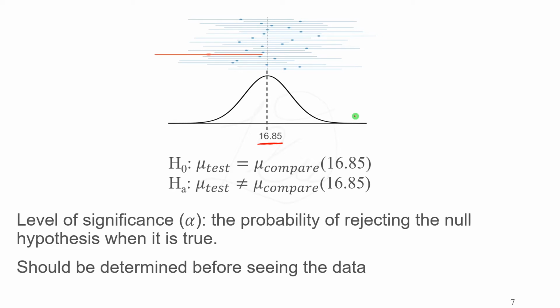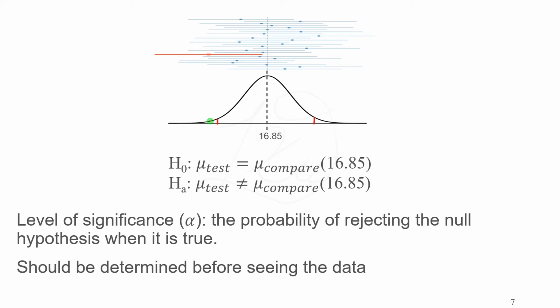So if we do the experiment, the average tested material strength should be a value in this range here. What if we get a value smaller than this value or larger than this value? If the tested material true mean is 16.85, it is possible to get a value smaller than this or larger than this, but the possibility is so low.